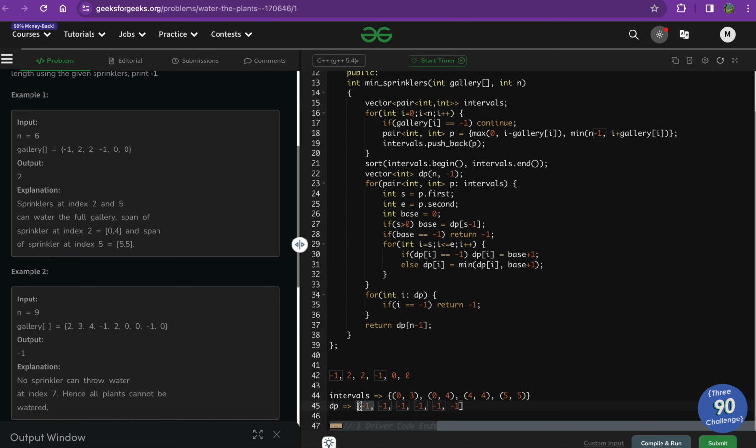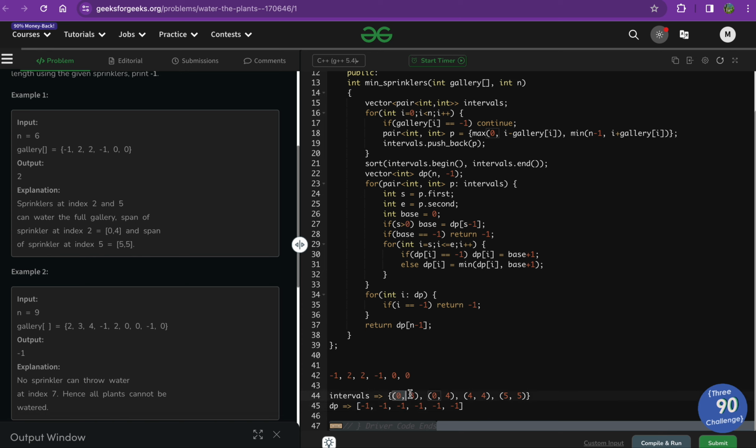If there is another number, for example 1, that means one sprinkler is used to water this. Otherwise 2 sprinklers are used to water this range. If at index 1 there is 2, that means 2 sprinklers are used to water till this range. So for that I have used this DP array.